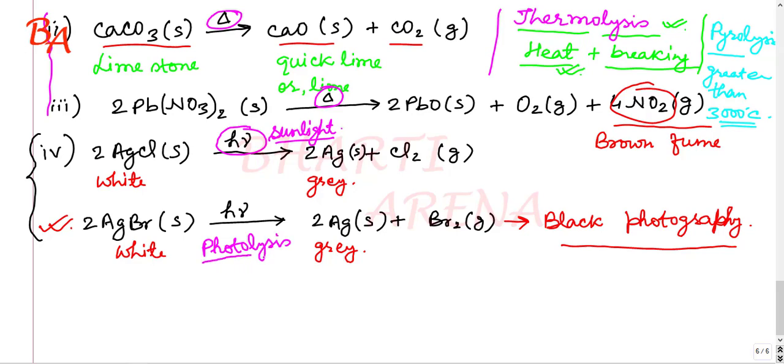Photo means light and lysis means decomposition or breaking. So the decomposition reactions in which the decomposition occurs due to sunlight are called photolysis.